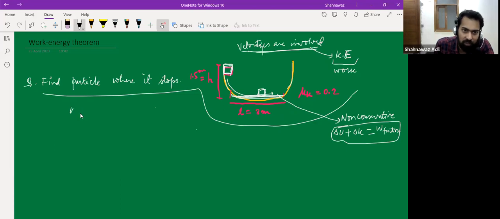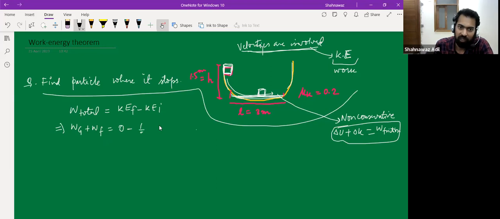W total equals K final minus K initial. W total is the work of gravity plus the work of friction, and K final is 0, and K initial is half mv square. Am I correct, guys?